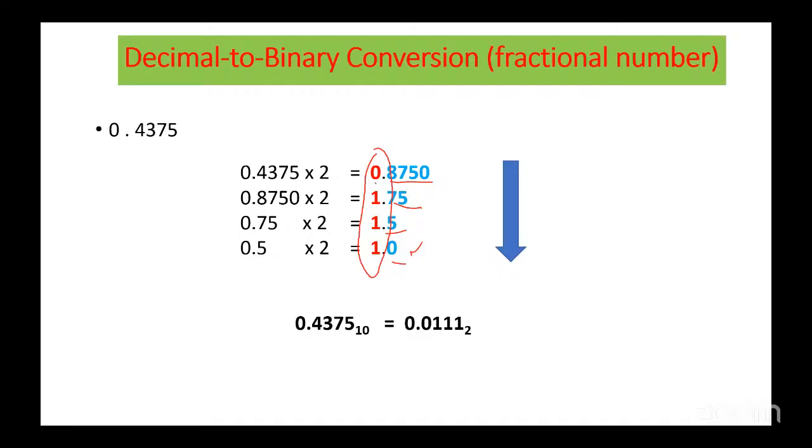So leave this portion, and whatever the number is there, multiply with 2. You get 1.5. Leave this and multiply 0.5 by 2, you get 1. That's it.